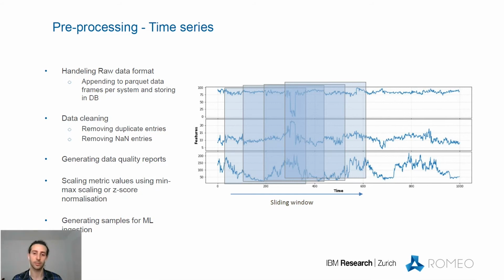We can use a sliding window over the time series and slide that, generating samples that can be fed into the machine learning. This is very important because machine learning algorithms expect a particular size of data. So we cannot feed a size that's bigger or smaller at different times. And therefore, generating samples in this manner is the optimal way when we're working with time series.